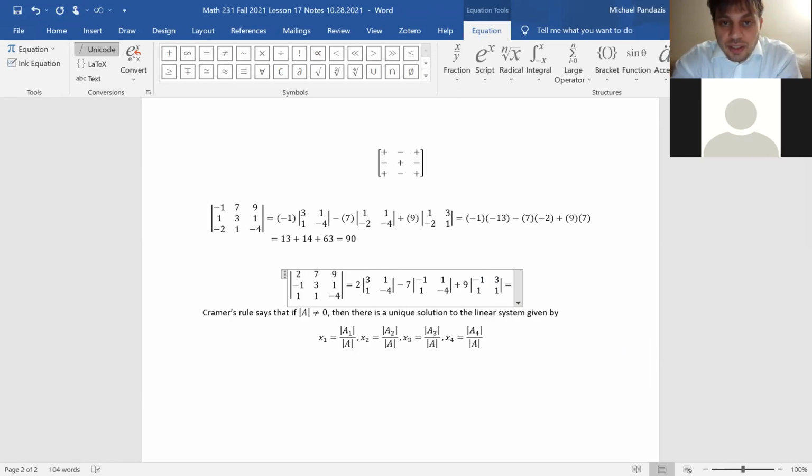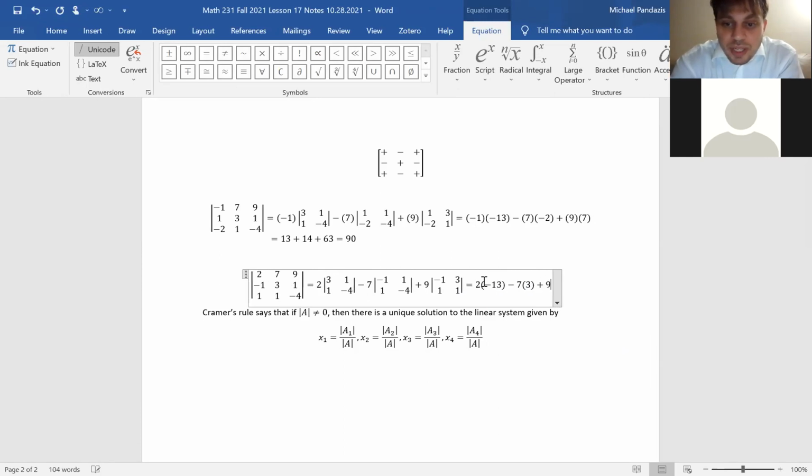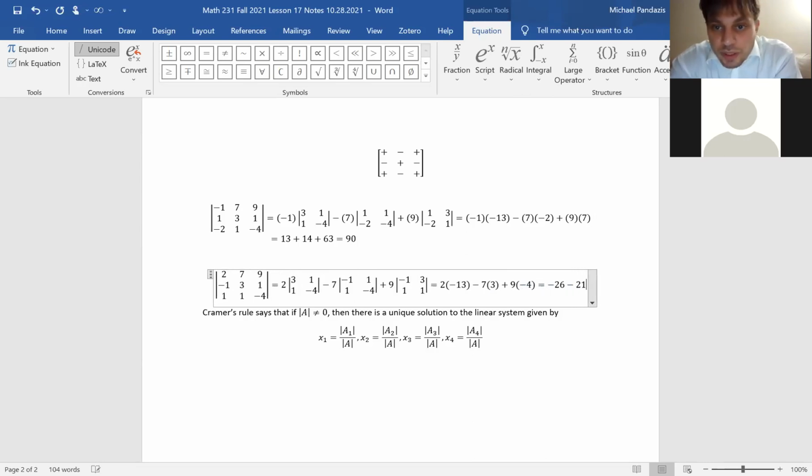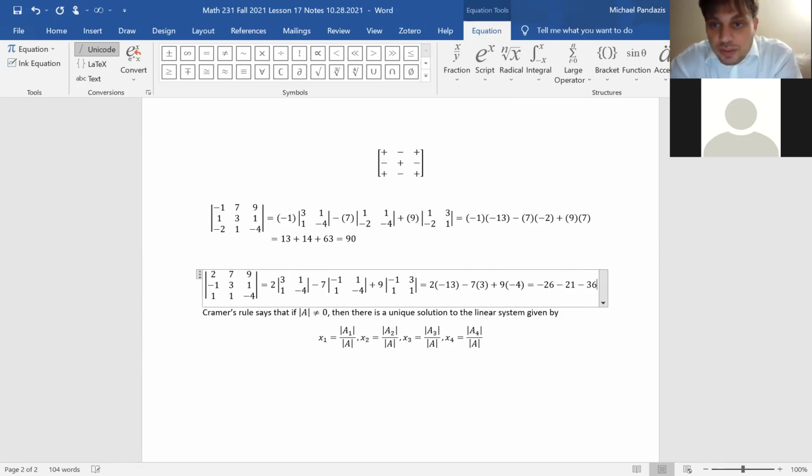So you calculate that, and so you get 2 times -13 minus 7 times 4 minus 1 is 3, plus 9 times -1 minus 3, which is -4. And so this is equal to -26 minus 21 minus 36.